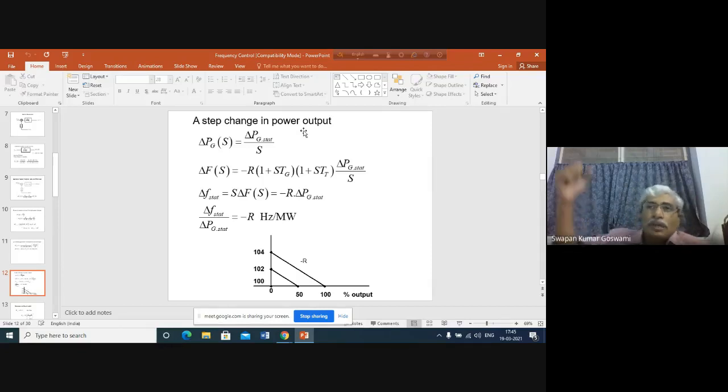Now you have connected a load at the terminal of the generator, and the magnitude of that load is equal to the rated capacity of the generator. That means the generator will be delivering full load when previously it was delivering 0 load. So output changes from 0 to full load condition. Maybe it is from 0 to half load, maybe it is 10% of load, but for simplifying the analysis, let us assume that it is equal to the full load capacity of the generator.